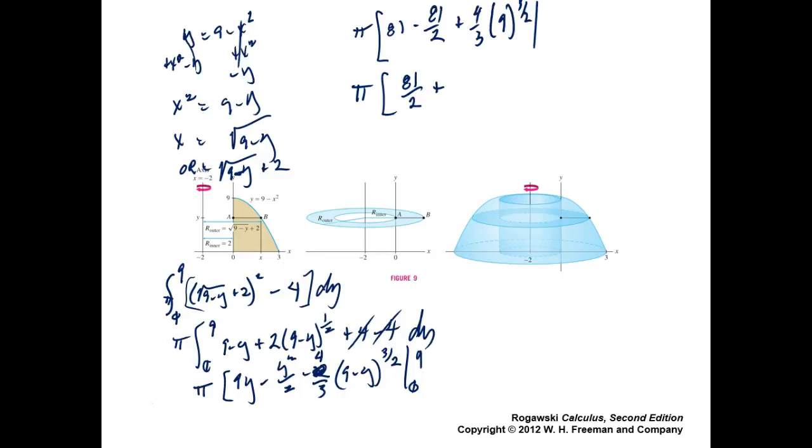The square root of 9 is 3. 3 cubed is 27. 3 will go into 27 9 times, and 4 times 9 is 36, which is 72/2. And 81/2 and 72/2 are 153/2. So 153 pi over 2. I hope that's it.